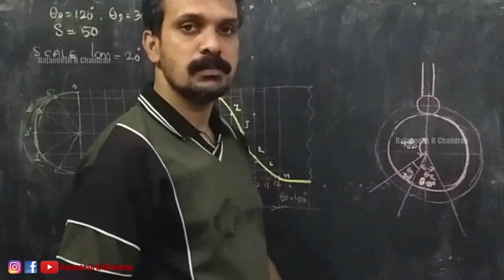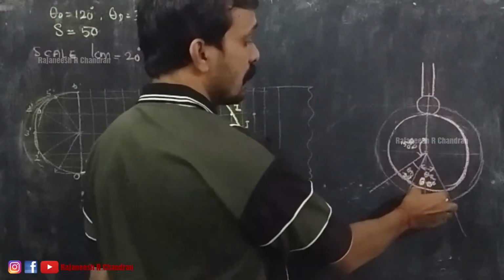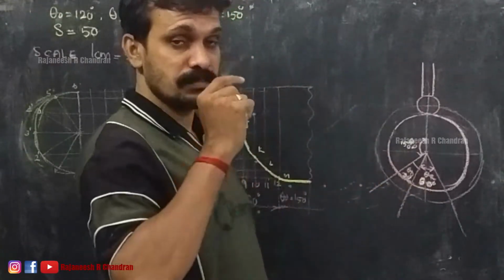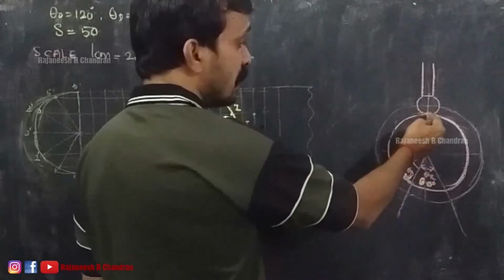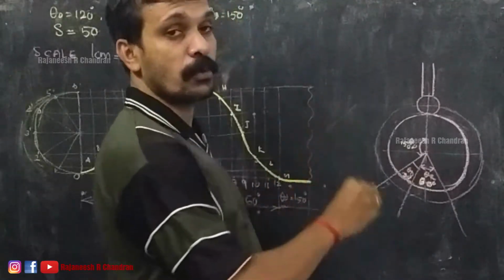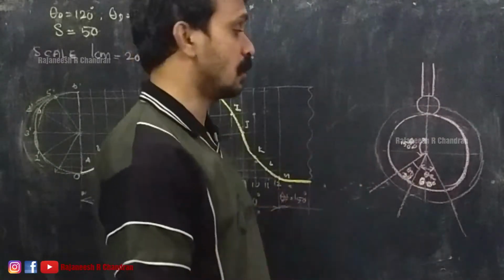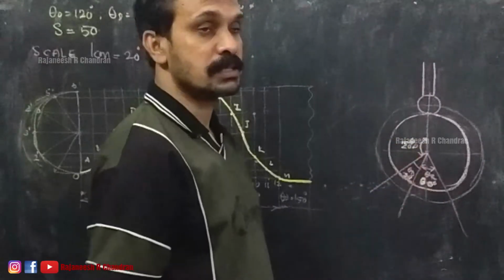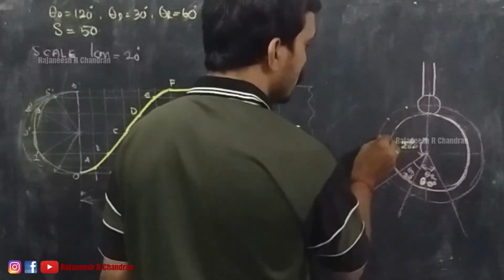Now what will be the next step? We have to divide this portion, the outstroke, into 6 equal parts and the return stroke into 6 equal parts. Remember in the previous case, that is the case of a knife edge follower, we divided the base circle, but for a roller follower the prime circle is to be divided into 6 equal parts. So this is 120 degree. 120 degree means we can put 6 points with 20 degree each.